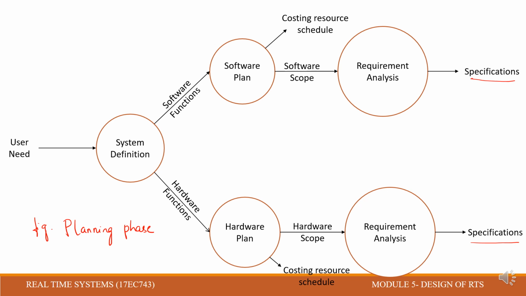We also make a plan of resources, which can be people, time, equipment, cost, and so on. The planning phase is the preliminary phase where we make outline decisions on choosing functions between hardware and software, and we also make assessments and adjustments on what type of computer system is to be used.